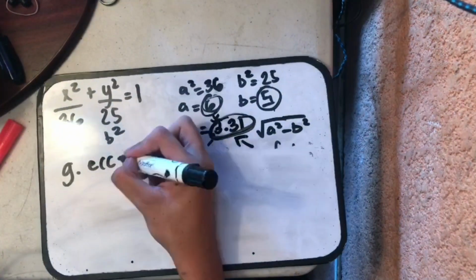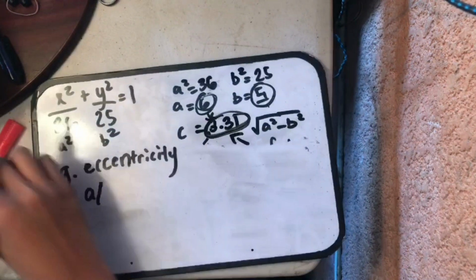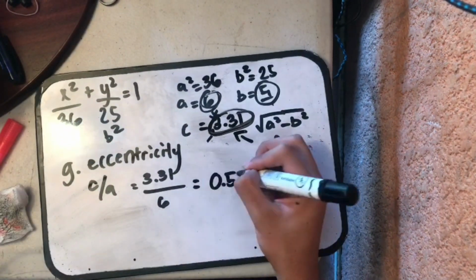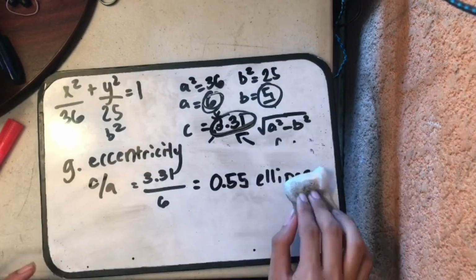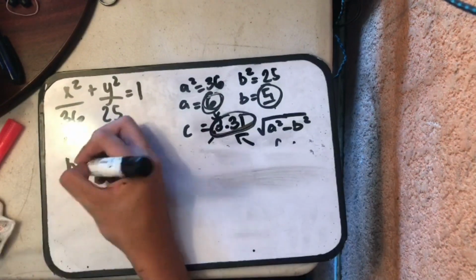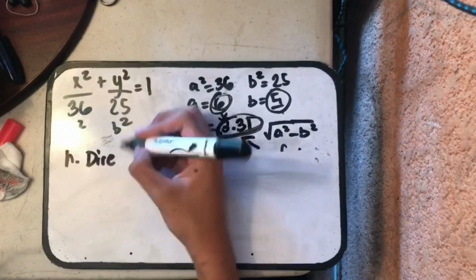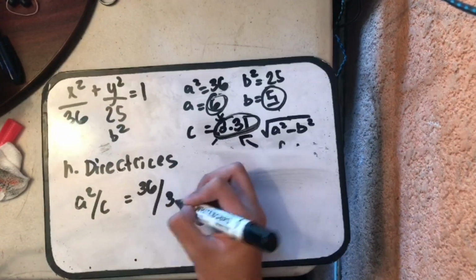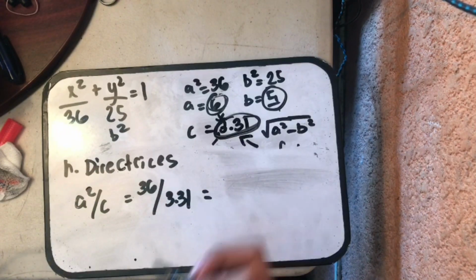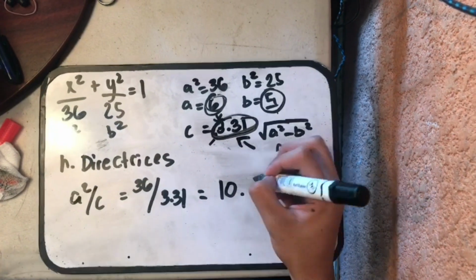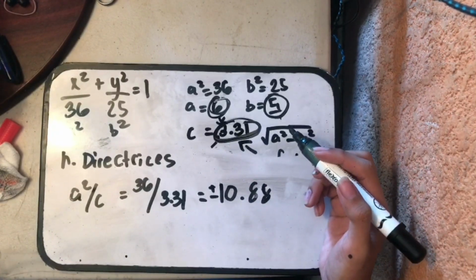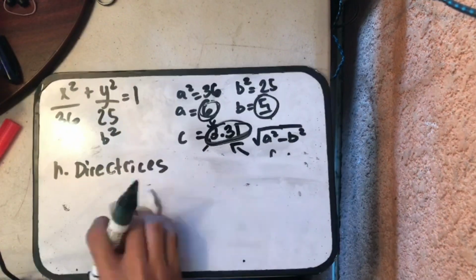Now let us proceed to the eccentricity. The formula of eccentricity is c over a, which is 3.31 divided by 6, which equals 0.55. Now the directrices. The formula for directrices is a squared over c, which is 36 divided by 3.31, which is equal to positive and negative 10.88.